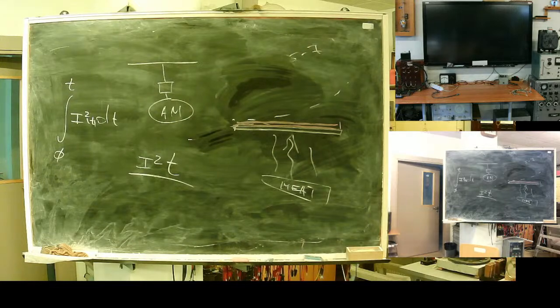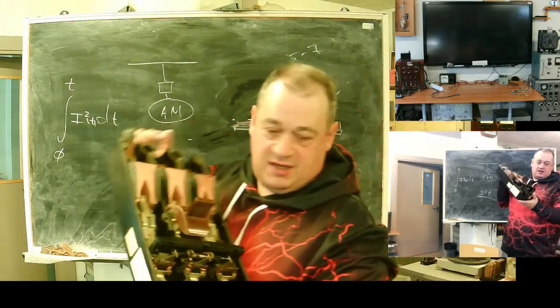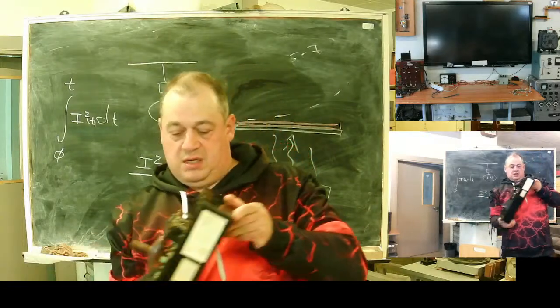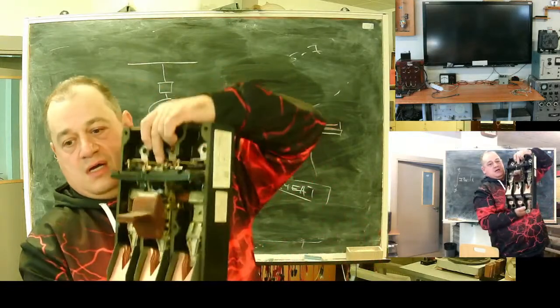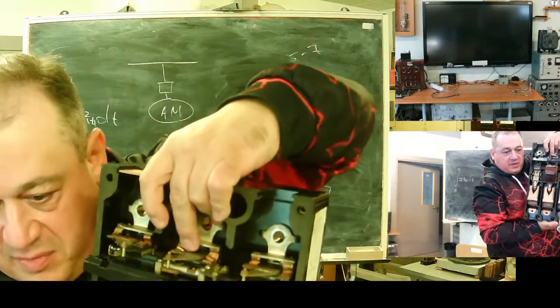This is a circuit breaker for 300 amps, something like this. Here they are, the thermal elements.